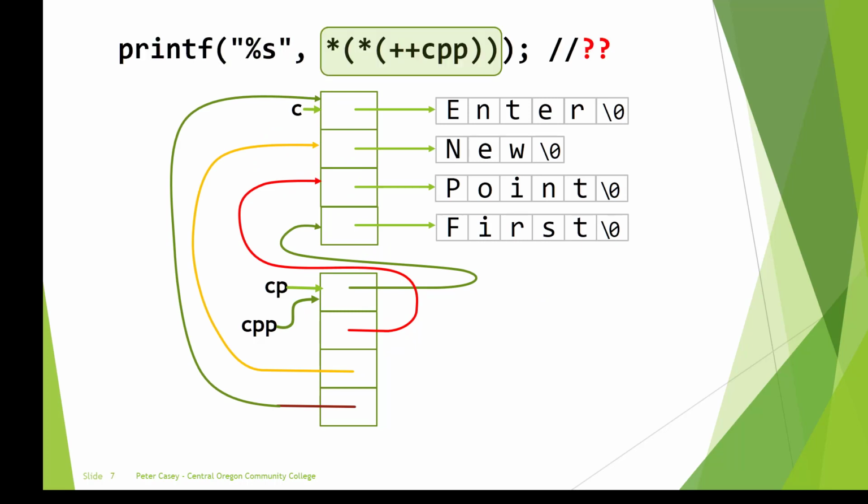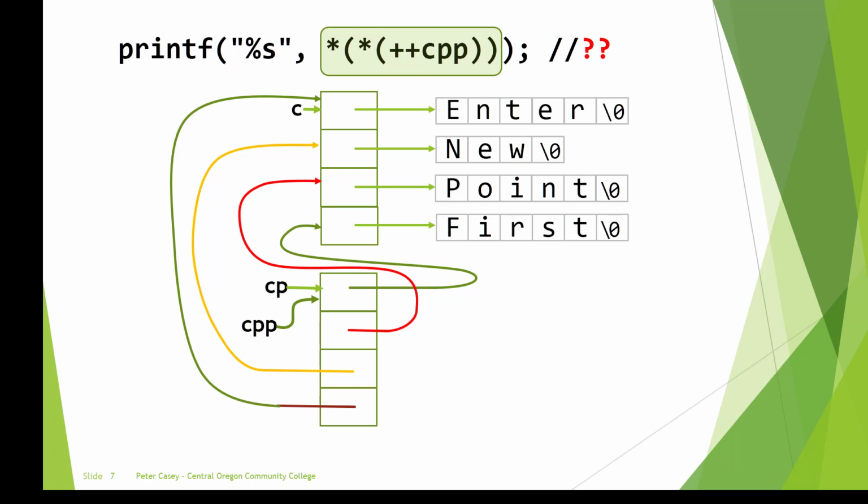Now let's take a look at some of the puzzles in the book. The first thing says, let's print the string at that particular address that you see in the green box at the top. So you should stop here for a moment and try to puzzle this out. Basically what it's saying is to increment CPP and then dereference what you get once you've incremented CPP, and then dereference that next object you get.